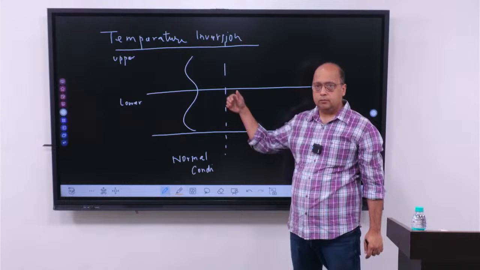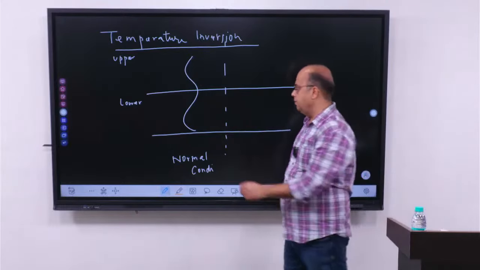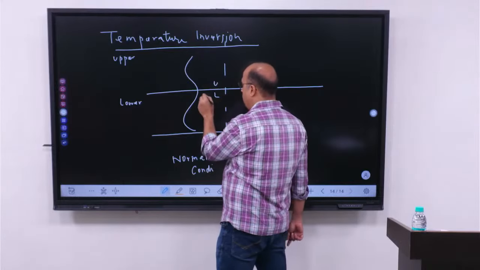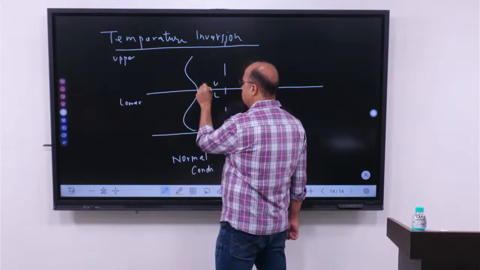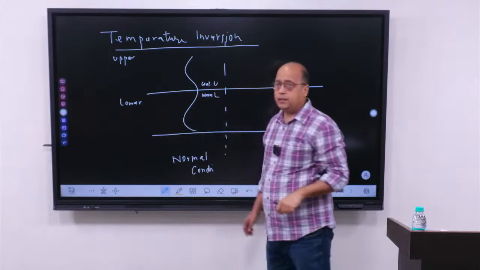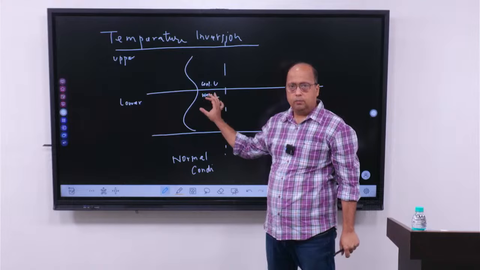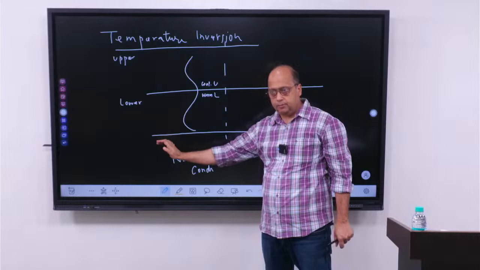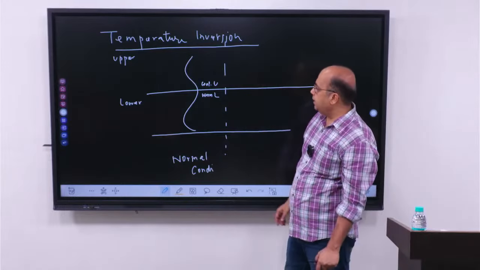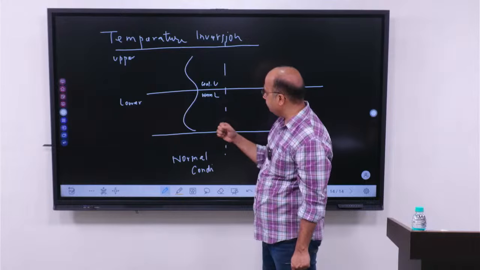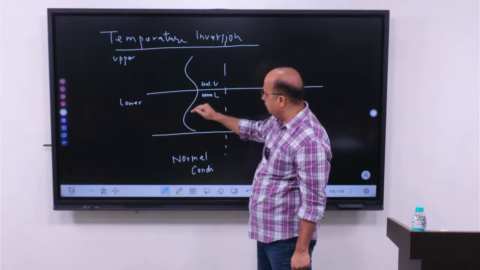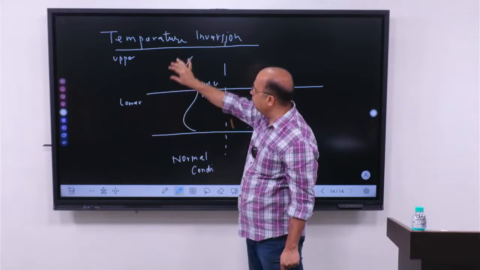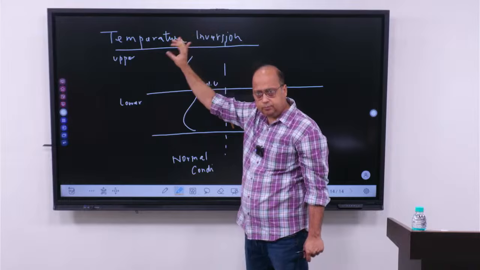Where do we have more temperature? The lower layer. So the temperature of the lower layer is high, the upper layer is low. This is warm, that is cool. Why is the upper layer cool and the lower layer warm? Because we have more absorption of sensible heat energy, more concentration, more water vapor. As we go up, we have warm, cool, cold. That is how the trend happens.